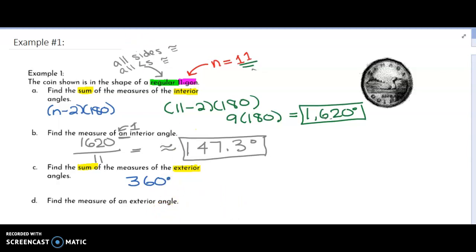Then part D tells us find the measure of an exterior angle. Once again, we're dividing 360 equally among 11 angles. So 360 divided by 11 is 32.7 degrees, and I'm going to change that from equals to approximately.